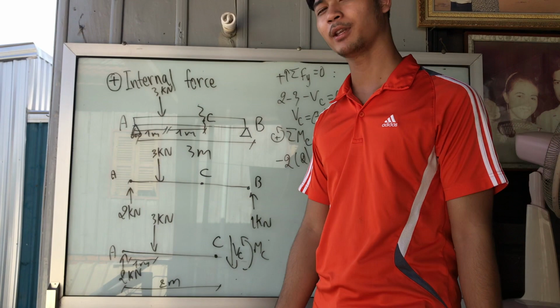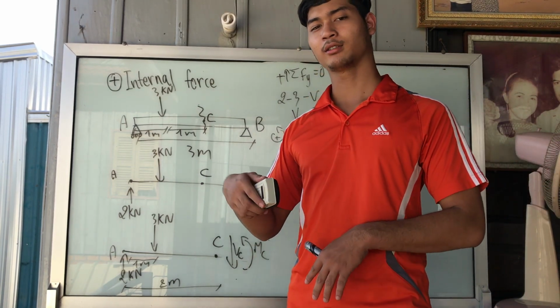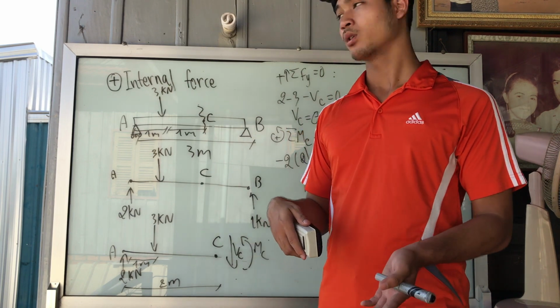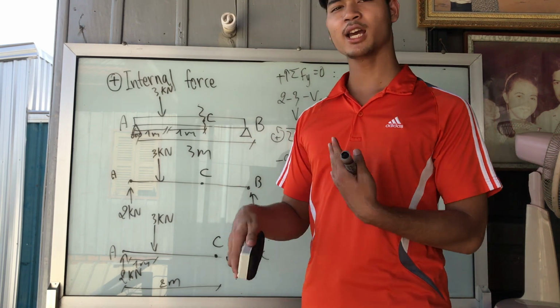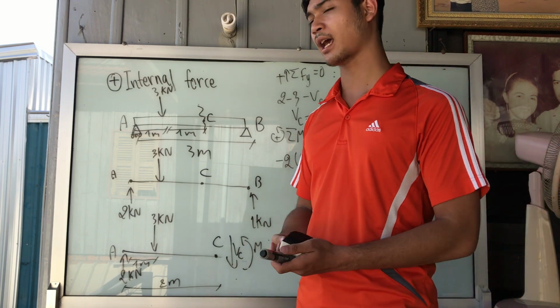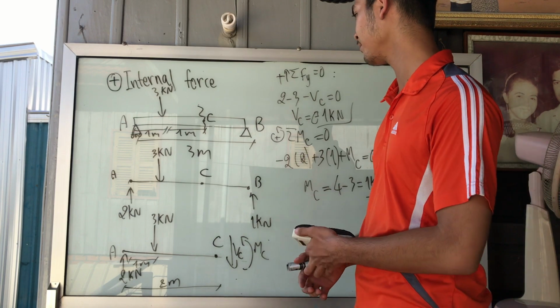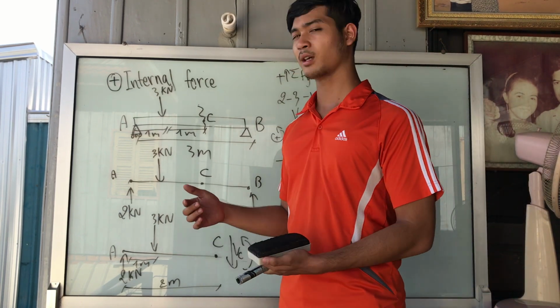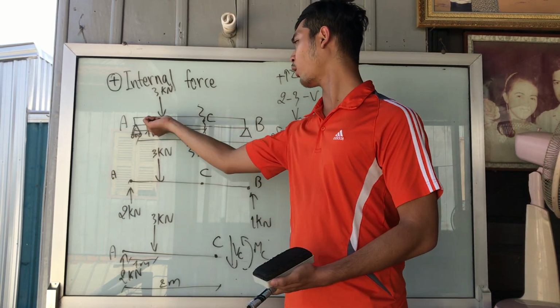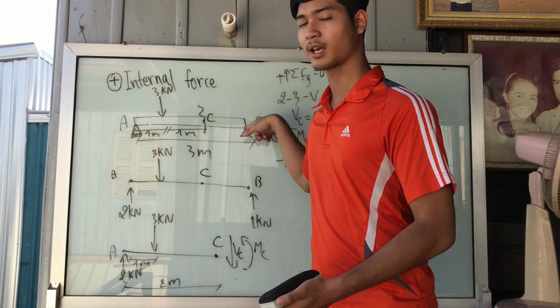So after we know the internal force, let's move to find the shear and the bending moment diagram. In order to draw the shear and bending moment diagram, we need to know the shear and moment at every point of this beam.